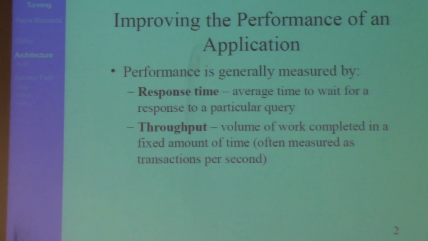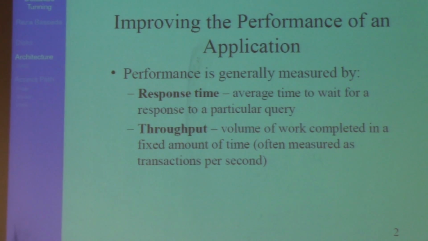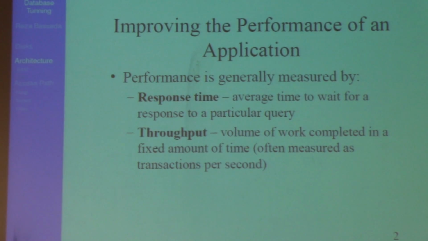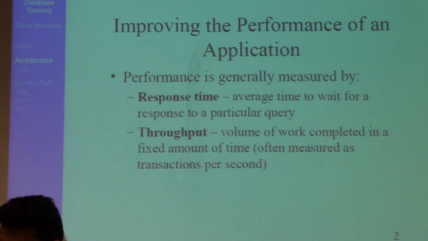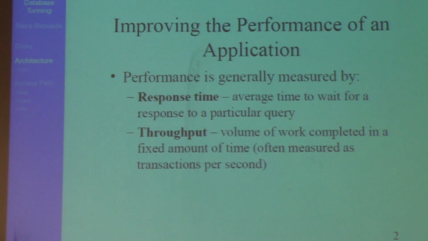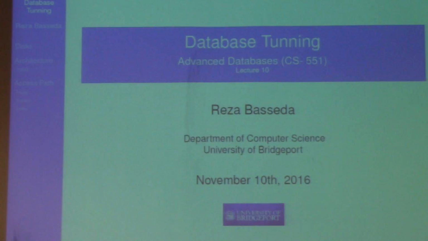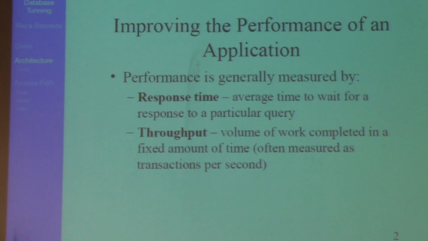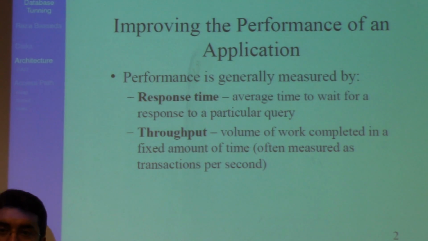So what is database tuning? The goal of database tuning is improving the performance of the database and of the application. How do we measure the performance of the database? One is response time.